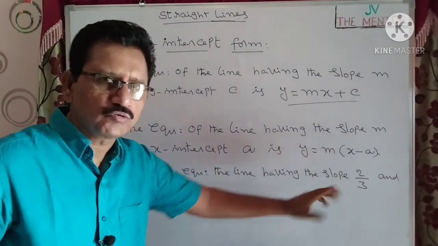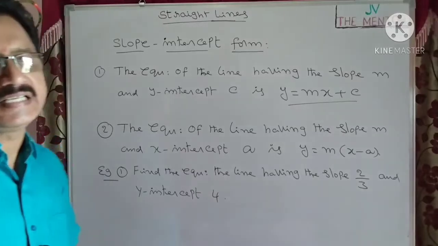Here slope is m equal to 2 by 3 and y-intercept is c equal to 4.